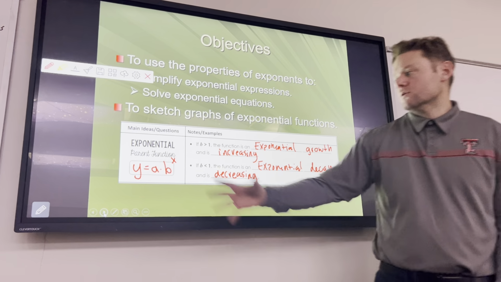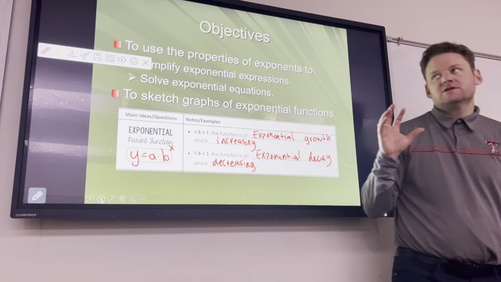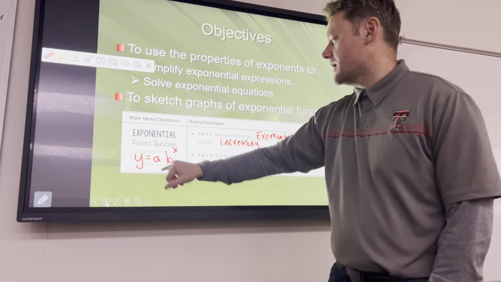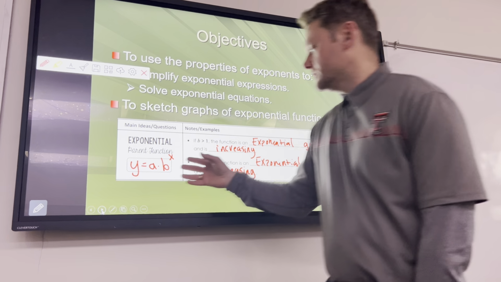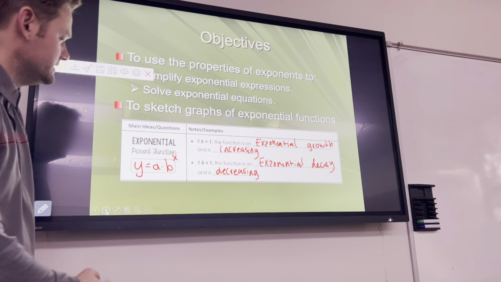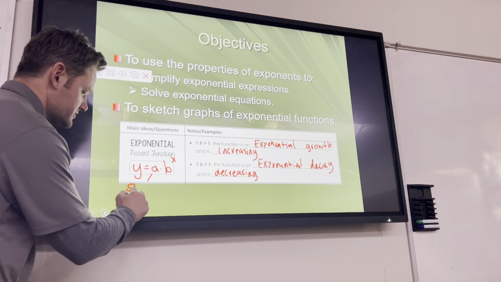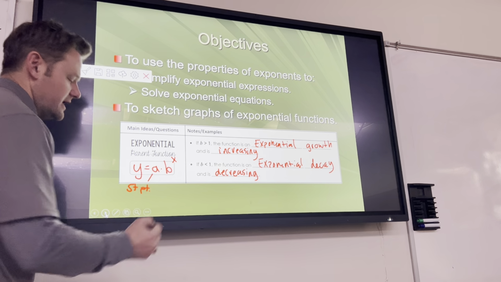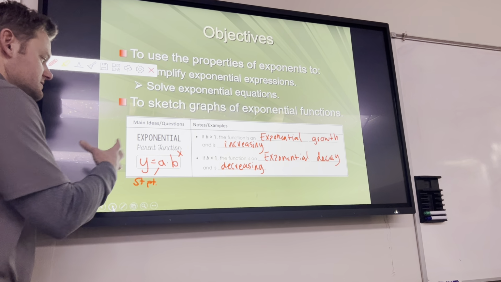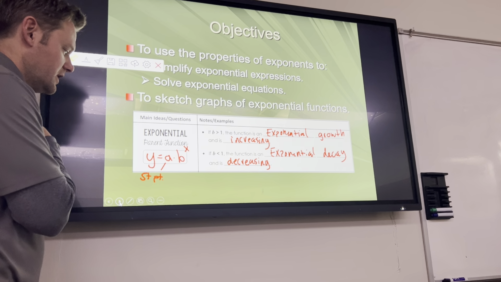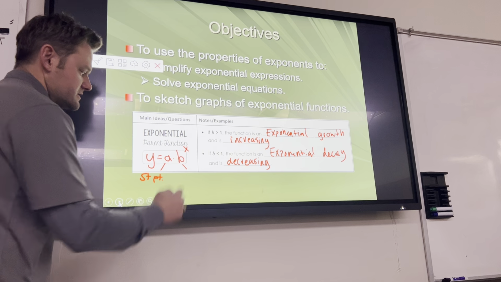So the very basics: on the SAT, a lot of tests love to ask you to make an exponential equation, and it's really easy. Our a is just our starting point, the quantity that we start with. That's often where your y-intercept is going to be as well.